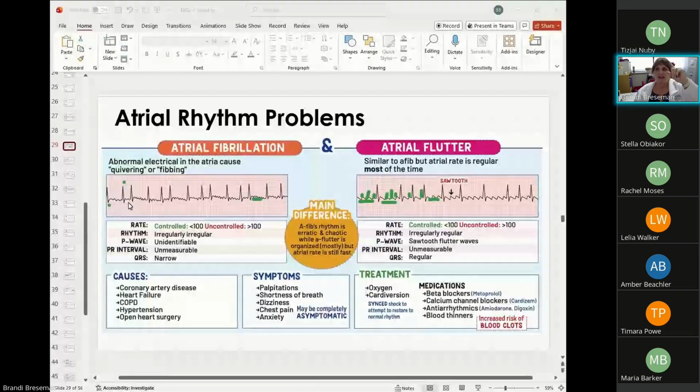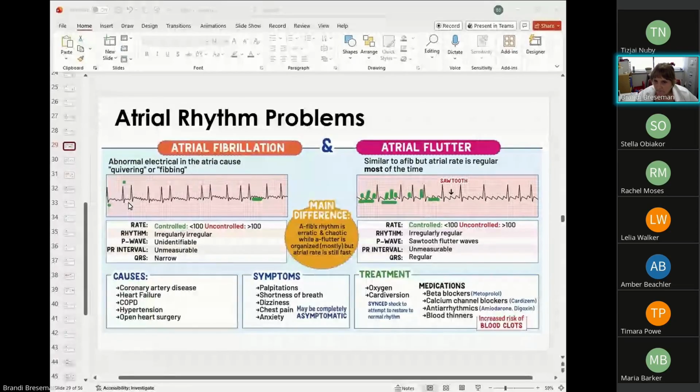But the AV node, which is a gatekeeper, is only letting 1 of those 3 through. That's why we call it the gatekeeper, because if there's too much coming from the atria, it'll be like, no, I'm not letting all of you through. This is crazy. You can't all come. So it'll only let a certain amount through. And that's what happens in atrial fibrillation and atrial flutter.